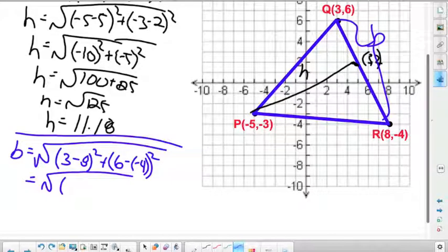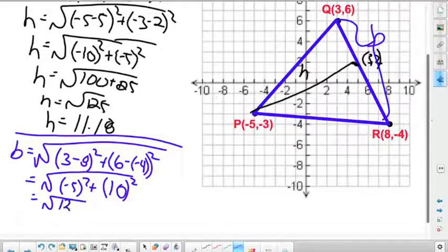Here I got negative 5 squared plus... Is it the same thing? Yes, you set this up the same thing. So that's really the square root of 125, which is 11.18.